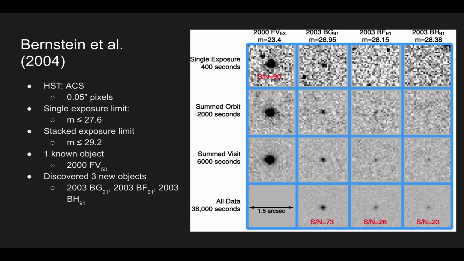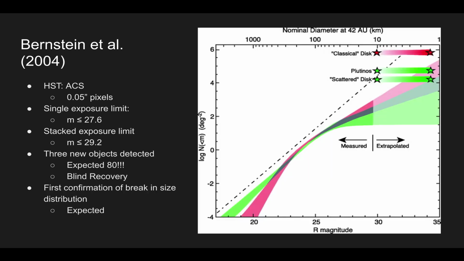Now, discovering 3 new objects sounds a bit so-so, but the crucial thing to understand here was that based on the size distribution that was known at the time, they would have expected to discover 80 new objects. They discovered 3, and so this was the first confirmation that there was a break in the size distribution at around 25th, 26th, 27th magnitude.